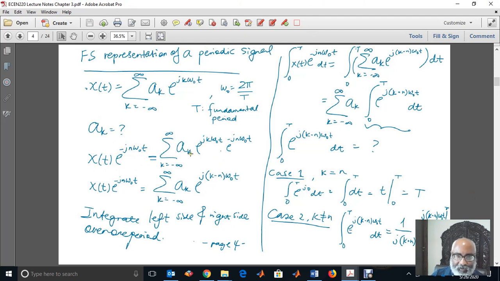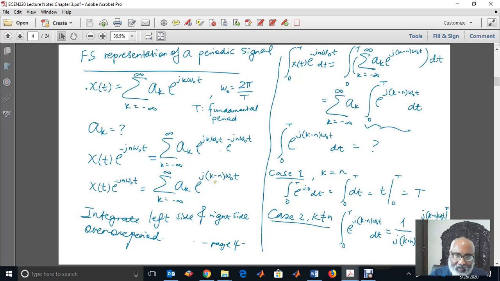The right side, because I have two exponential functions here, I can combine them, and I have e to the power of j k minus n omega naught t. And the left side is this one again.